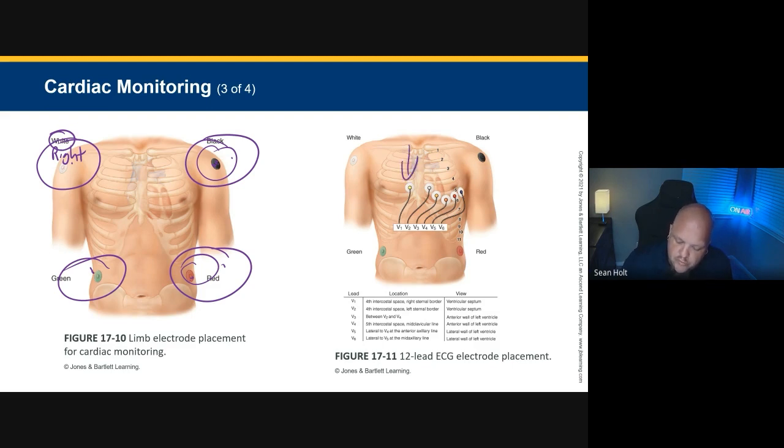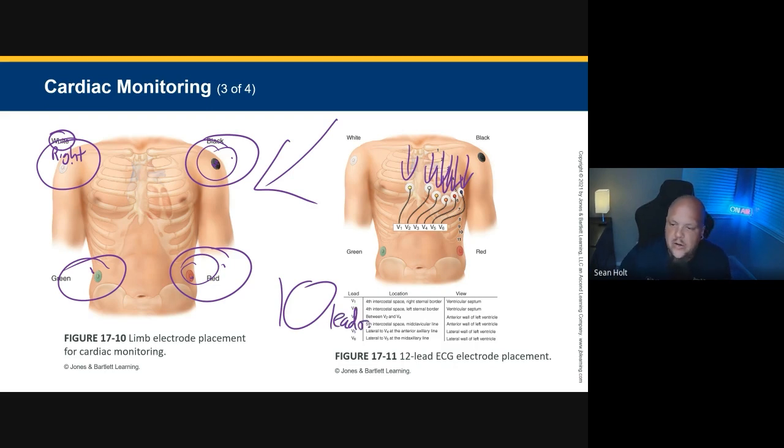Over here is your 12 lead EKGs. We have a total of 6 stickers here and 4 over here. Okay, if you get all of them together, that is 10 leads or 10 wires, 10 electrodes, but it gives us 12 different views, which is why it's called a 12 lead EKG or ECG.